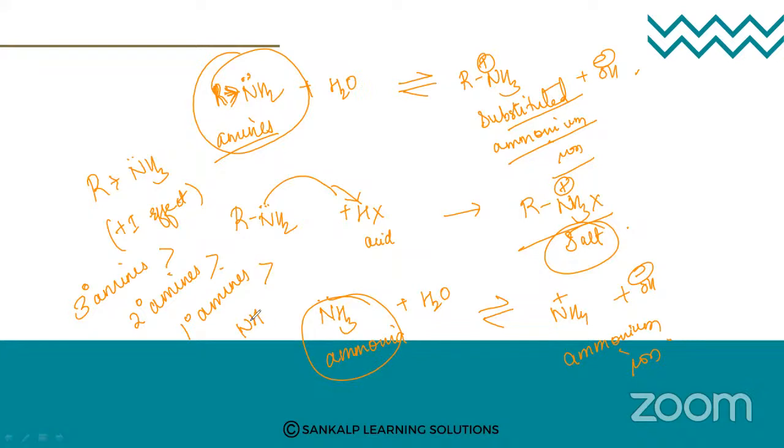Because as the electron donating groups increase, the basicity will increase. The plus I effect will be more, because of that the lone pair of electrons on the nitrogen will be easily available for donation or protonation.